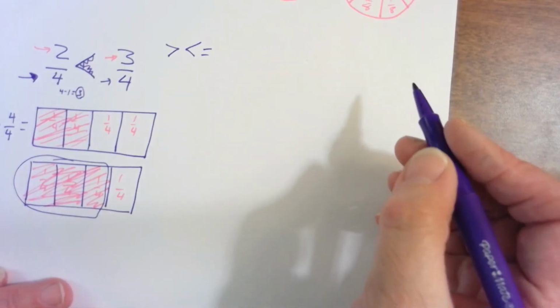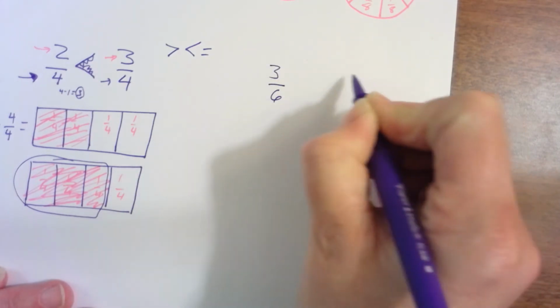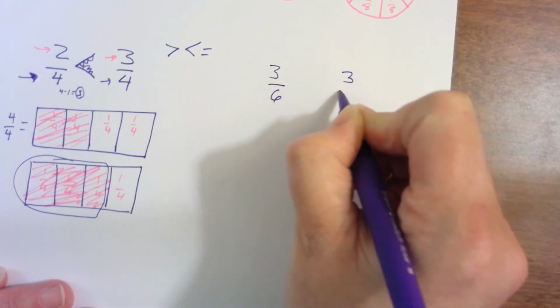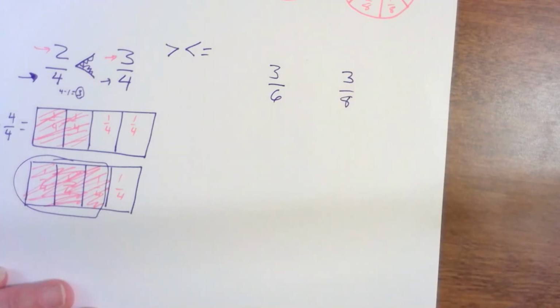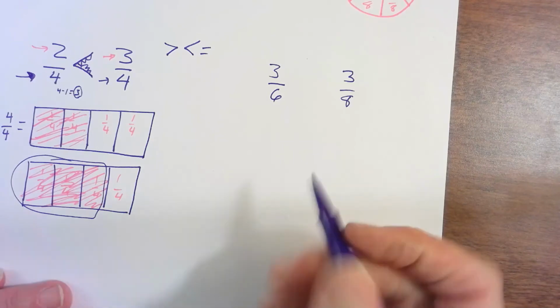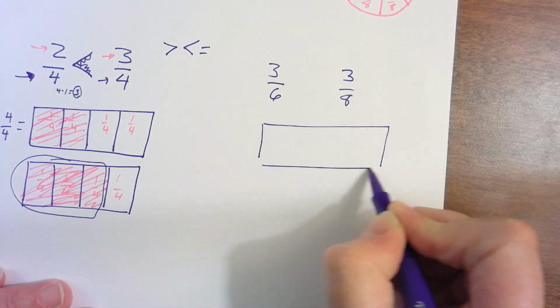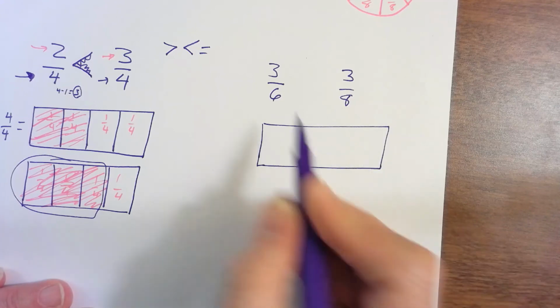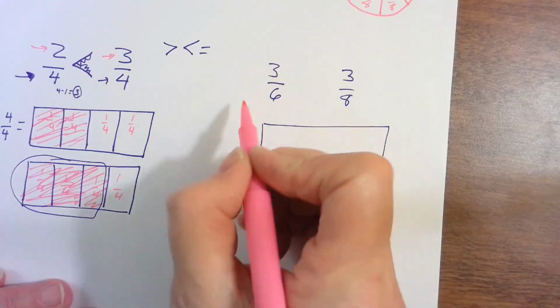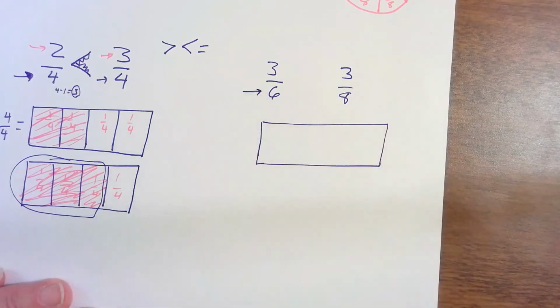And if I said 3/6 and 3/8. Okay. I want to make another rectangle right here, and the denominator is 6.